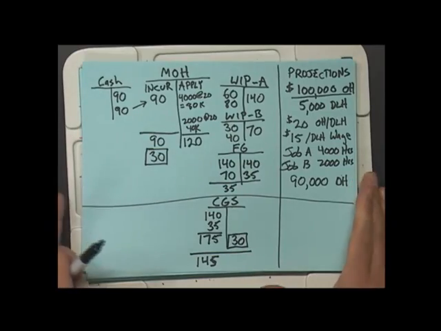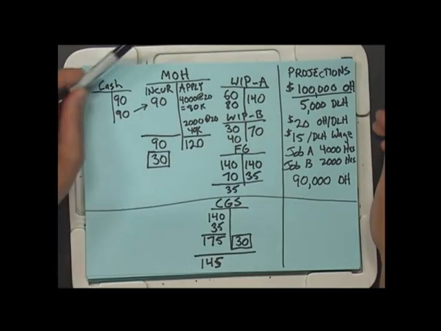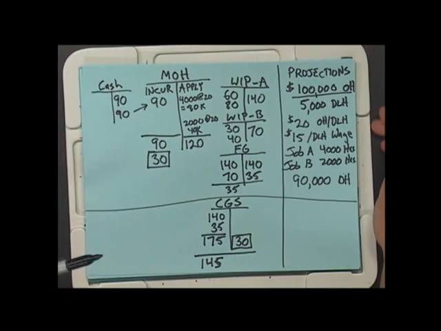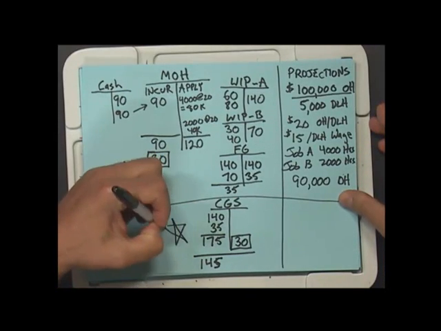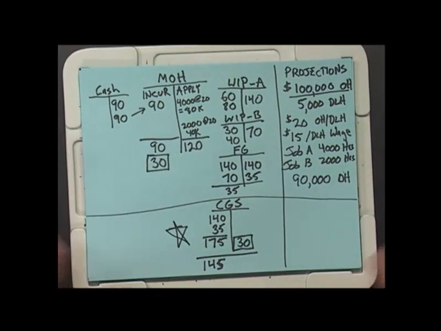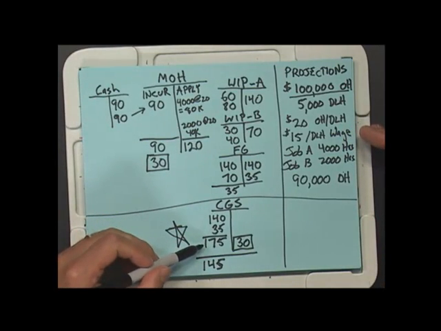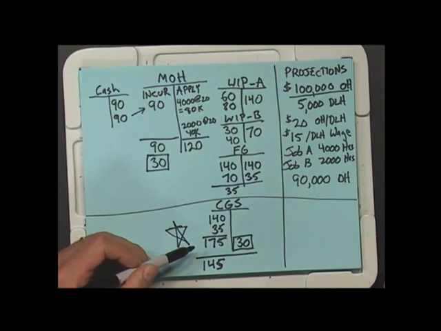So, let me summarize here. The key point of this video is that there are two types of cost of goods sold. First, we have our unadjusted cost of goods sold, which is simply the sum of the reported cost of every item that we sold.